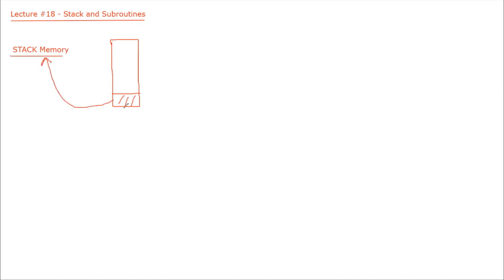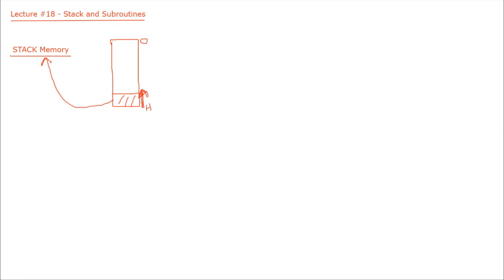As I said, the stack memory always starts at the higher end of the memory. Then from the higher end, we will go downwards. Here I am showing it upwards, but in terms of addresses, it is going downwards. So our least address is here and highest address is here. We are going from highest address to least, that means we are going downwards.